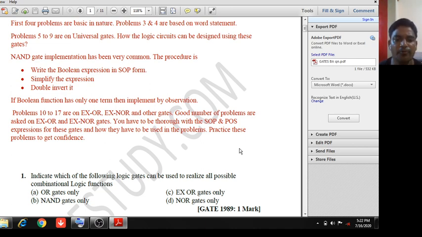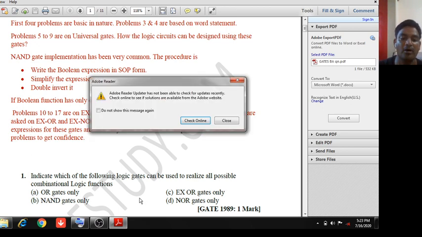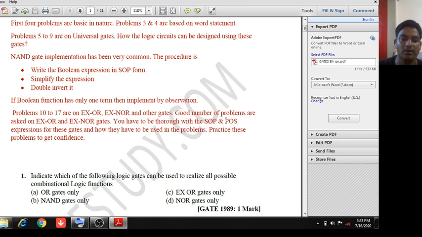Indicate which of the following logic gates can be used to realize all possible combinational functions. All possible functions: OR gate or XOR gate. These cannot be used, because in case of basic gates, if there is a combination of all three gates, you can implement any Boolean function.